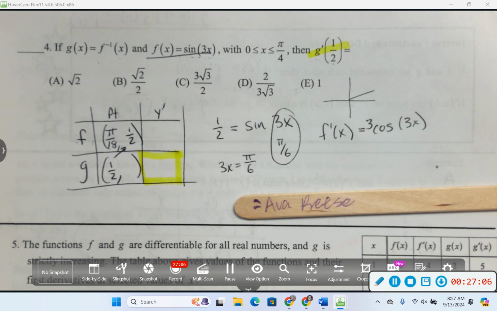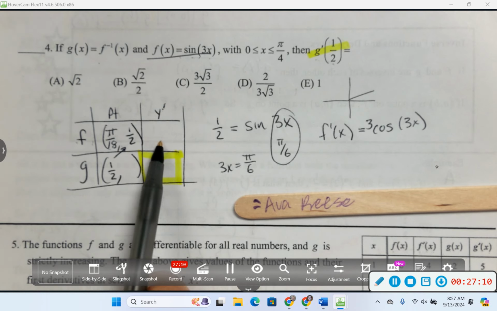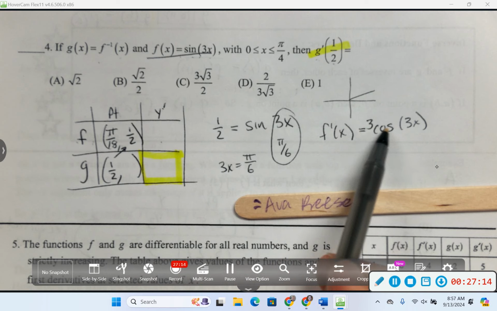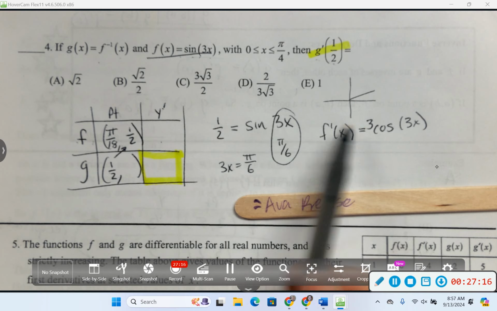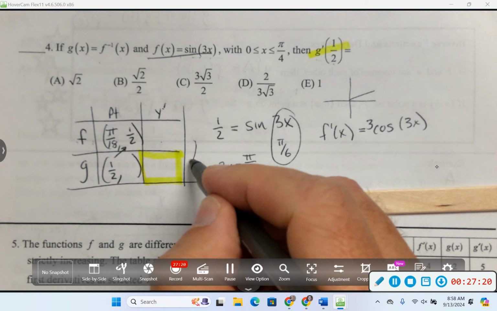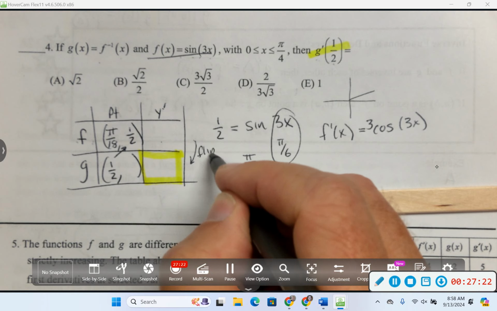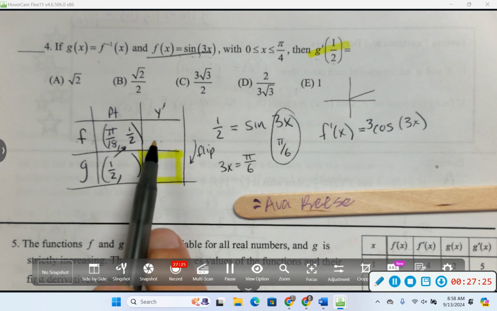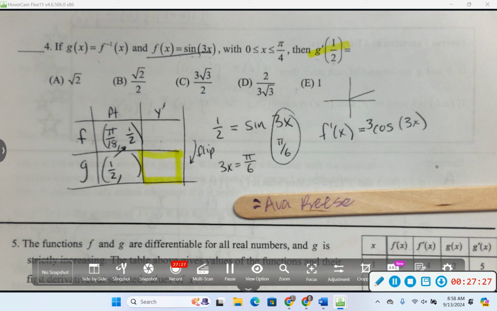Okay, so flipping it, yes and no. I don't really want to flip it yet because I'd like to get a value to flip. I mean, you could flip that over, but that would be kind of a pain to deal with. So I'd like to get this box filled in first, and then, you're right, I will flip it to get my final answer. So what should I do to fill in this box?